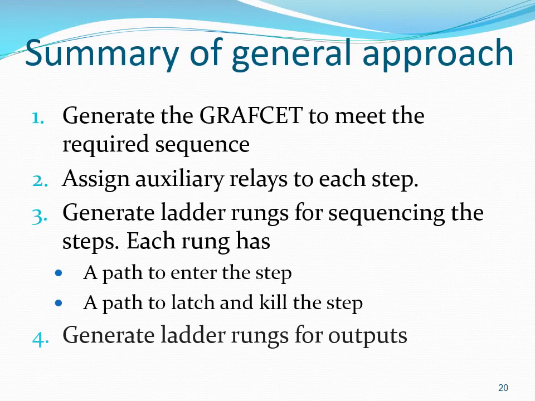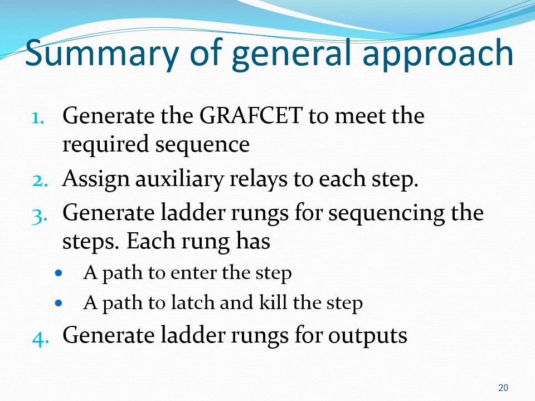In summary, the steps that are generally followed when developing a PLC ladder program are: 1. Generate the graph set to meet the required sequence of steps. 2. Assign auxiliary relays in the form of internal memory bits to each step. 3.